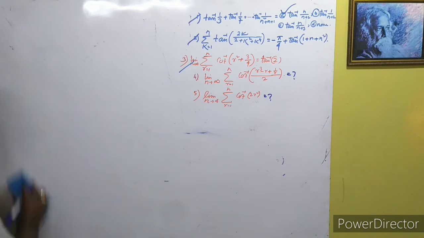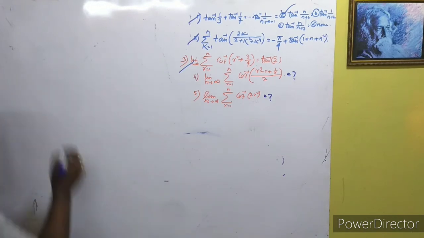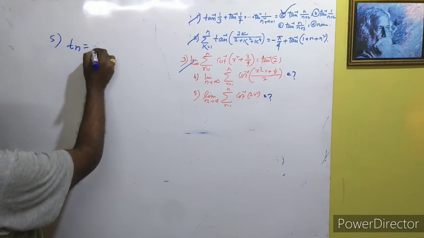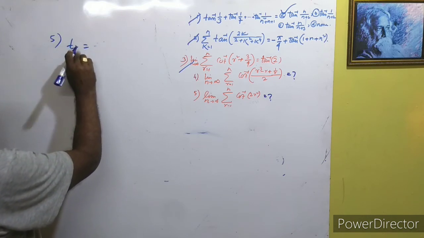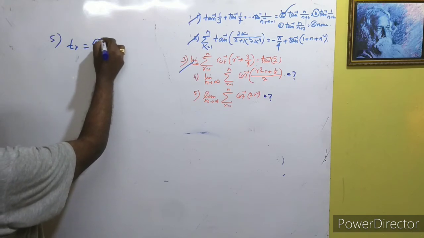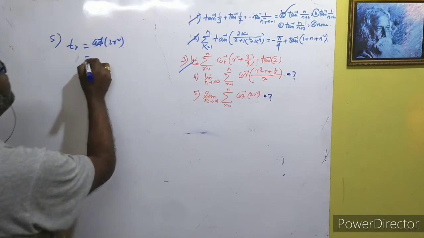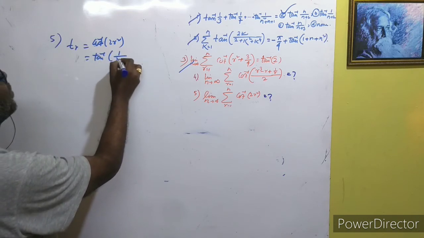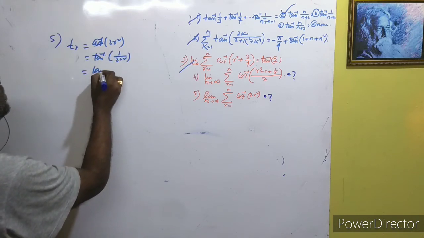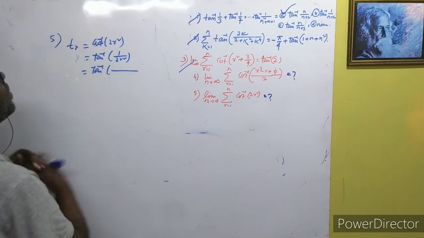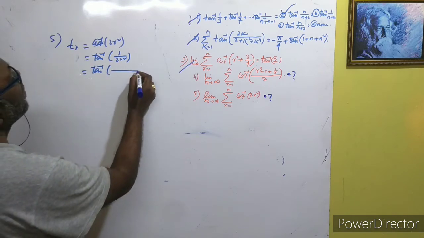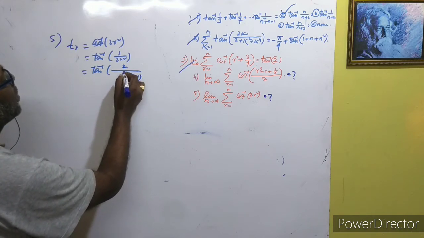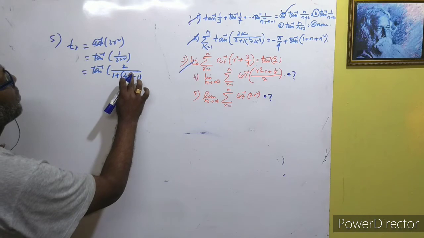Now follow the fifth question. It is Tn, and Tr, now cot inverse 2r square, so you can write tan inverse 1 by 2r square, this is tan inverse 2 by 4r square, so this is minus 1 and this is plus 1.